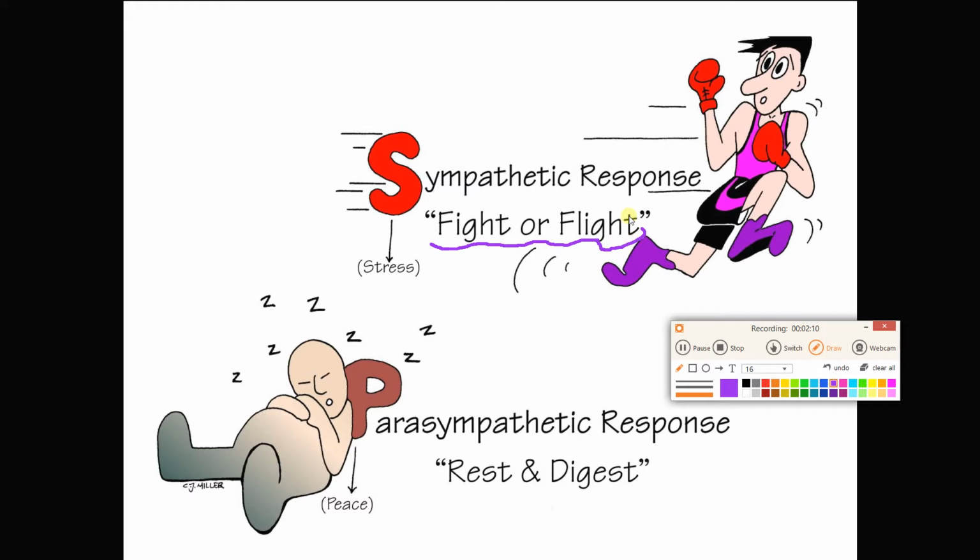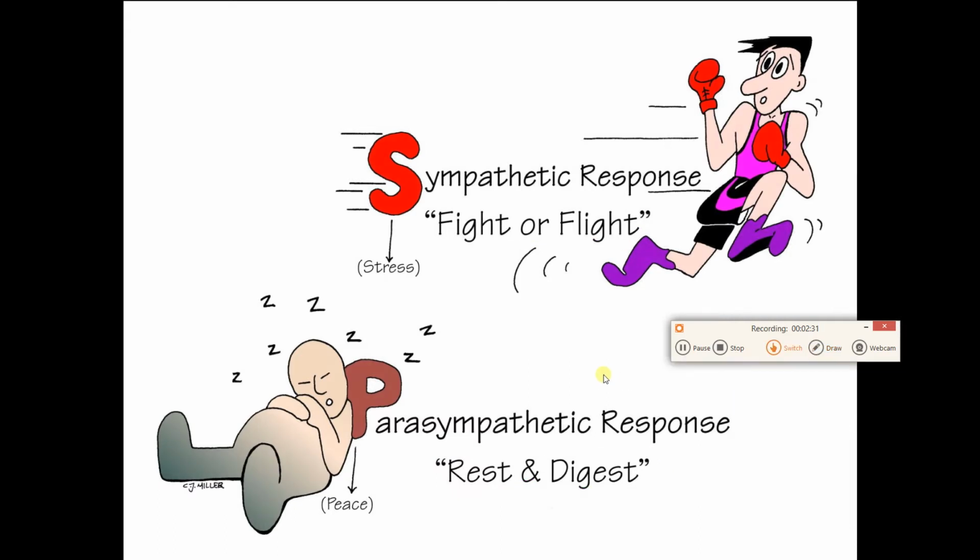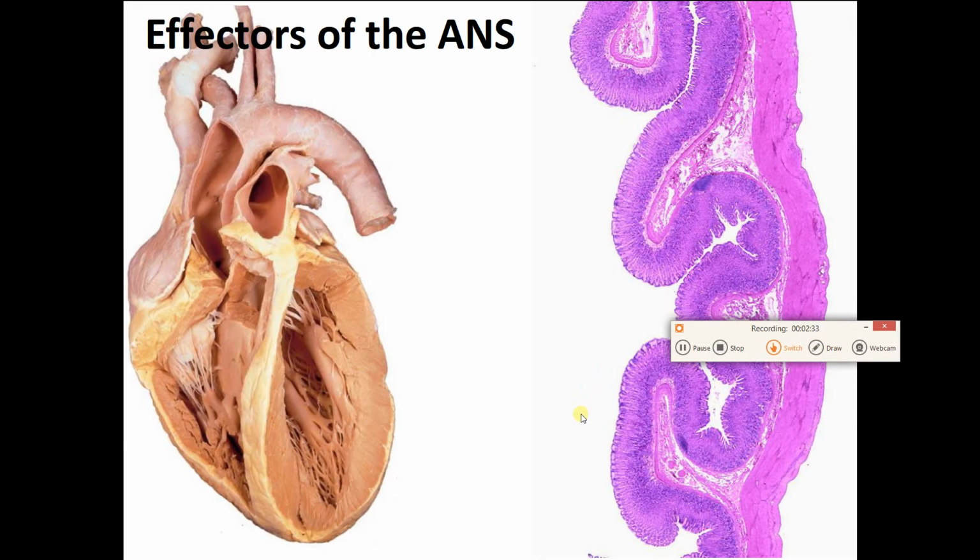Now, the parasympathetic division is often known as the rest and digest part. And that too will become apparent as we get into the sorts of things this nervous system is going to cause to happen.